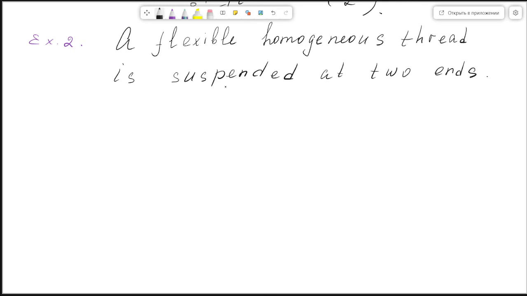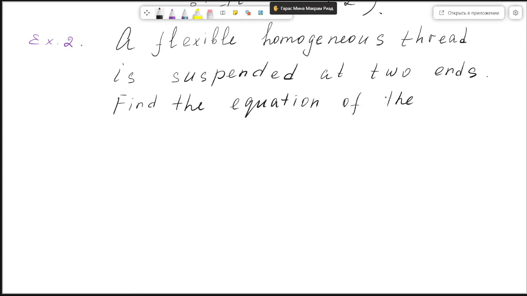Find the equation of the curve that it describes under its own weight.